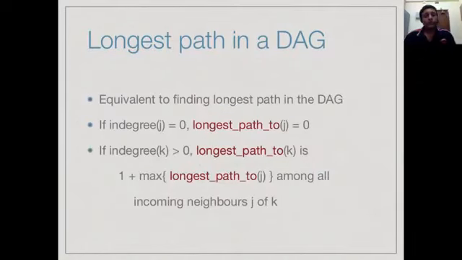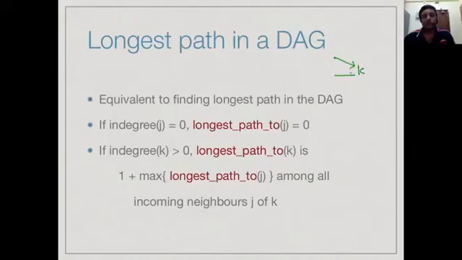So we can set up this problem as follows. For any vertex which has in degree 0, the longest path to that vertex is of length 0 because I can do it immediately. On the other hand, if I have a vertex k whose in degree is not 0, then it has some incoming edges.